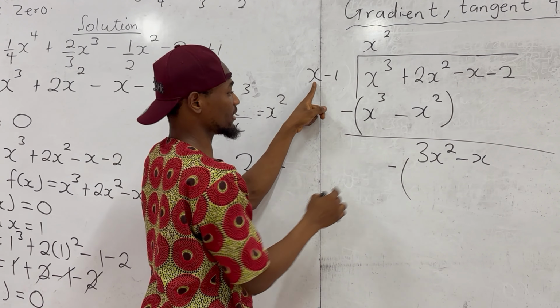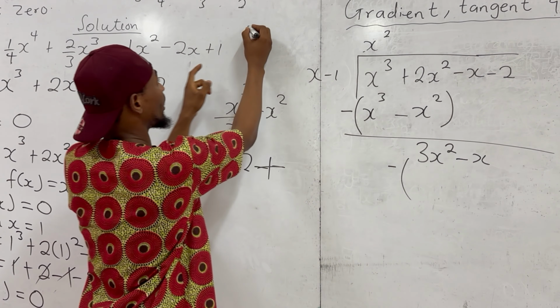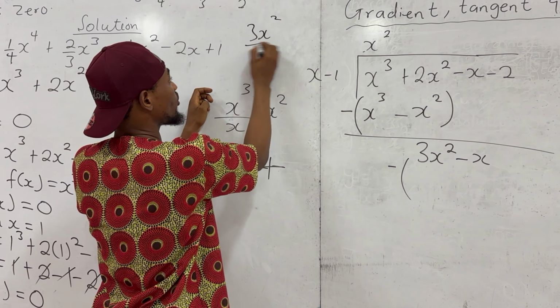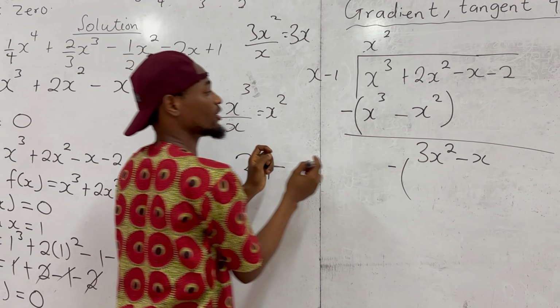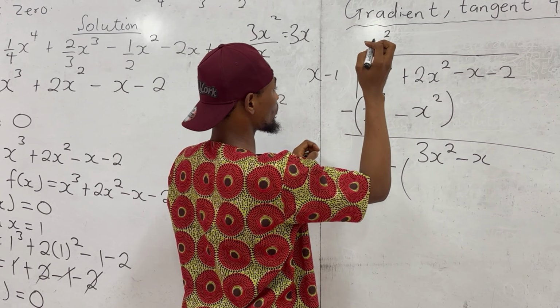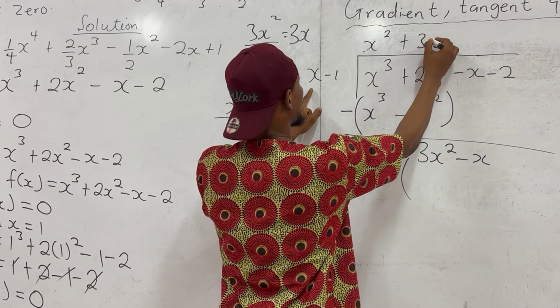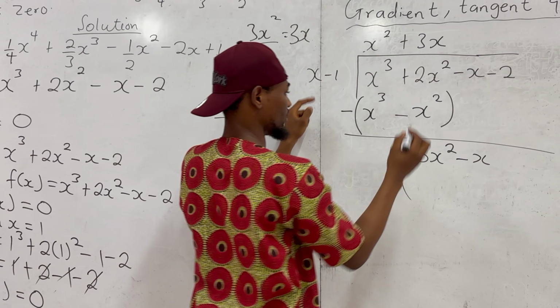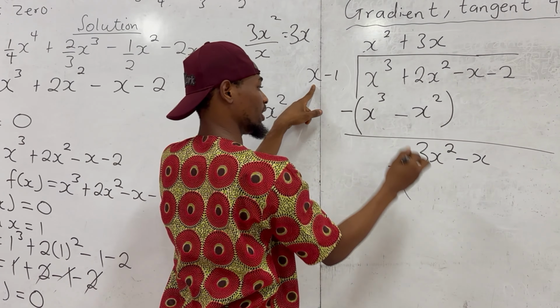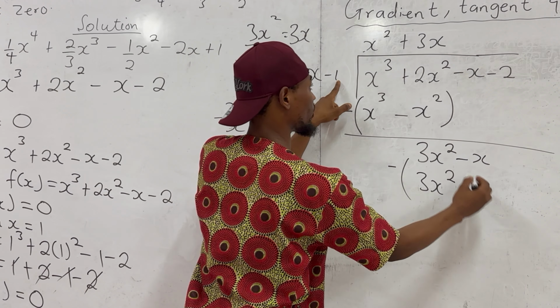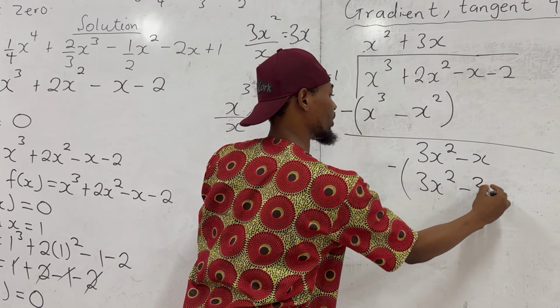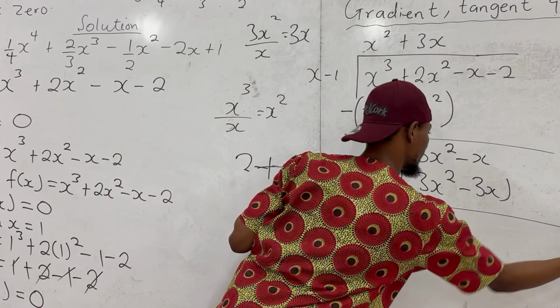Again, x divides this how many times? We have 3x squared over x, so we have 3x. So I have plus 3x. So 3x by x gives 3x squared, minus 3x this way.